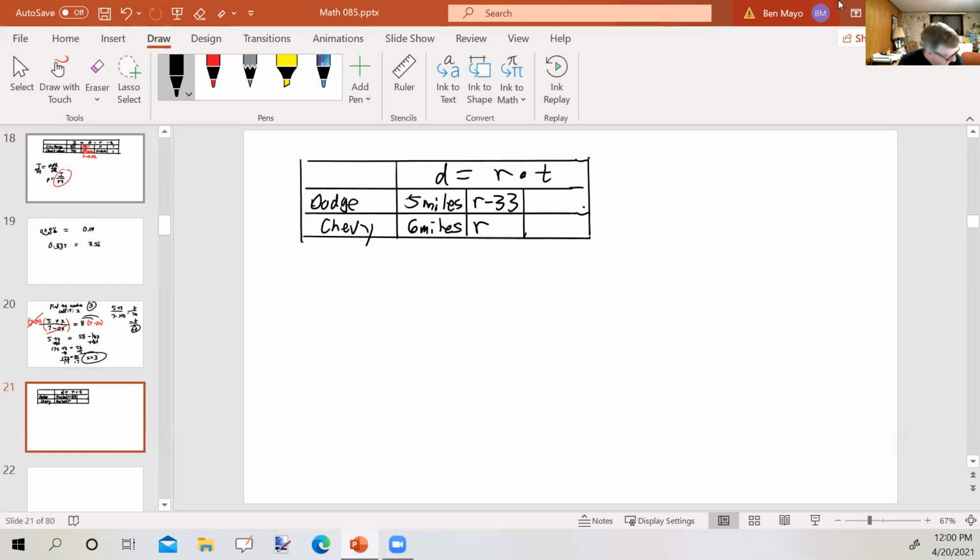Now, let me read the story once more. The top speed of a Dodge Charger is 33 miles per hour less than the top speed of a Chevy Corvette. At their top speeds, a Corvette can travel 6 miles in the same time that a Charger can travel 5 miles. Find the top speed of each car. Do we know anything about the times?